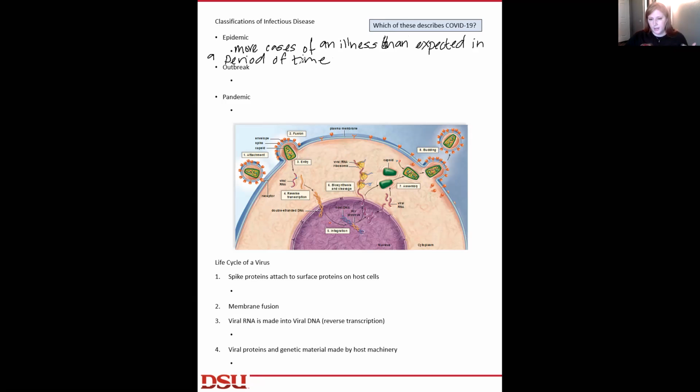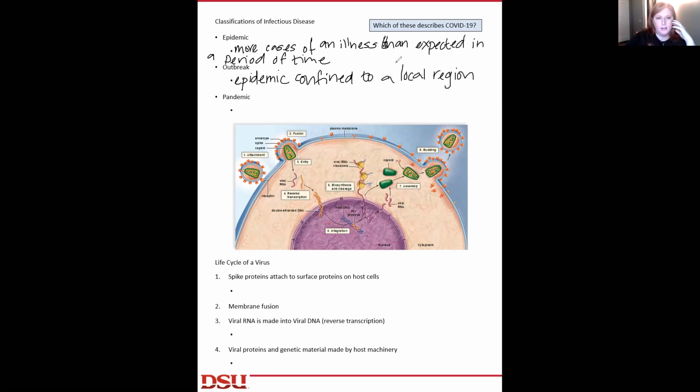We go from an epidemic then to an outbreak. And an outbreak is an epidemic that's confined to a local region. So you can have an epidemic that's just affecting North America.